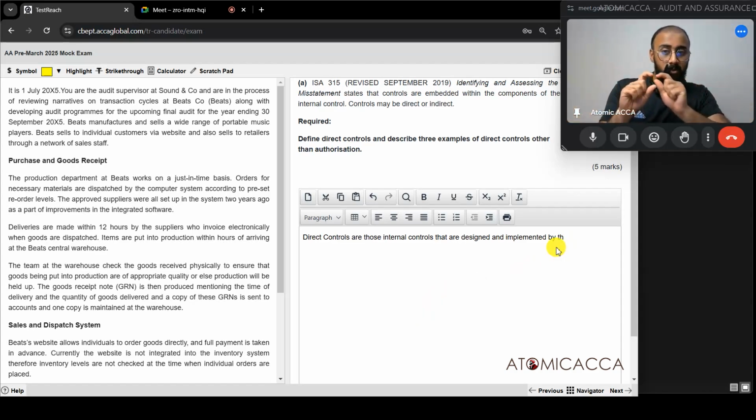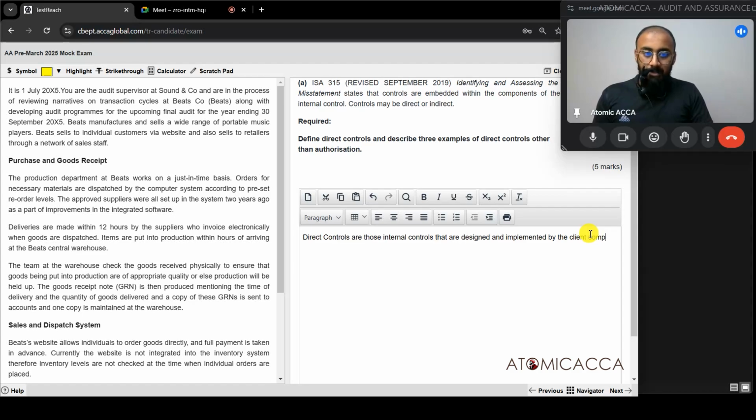You don't have to put a word-by-word definition from the textbook, because humanly it's not possible. No one can memorize the entire textbook and go for the exam. So they are those internal controls that are designed and implemented by the client company. Now these controls ensure that figures within financial statements are correct.